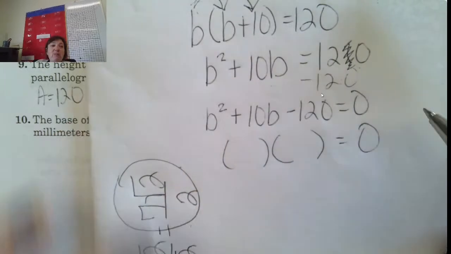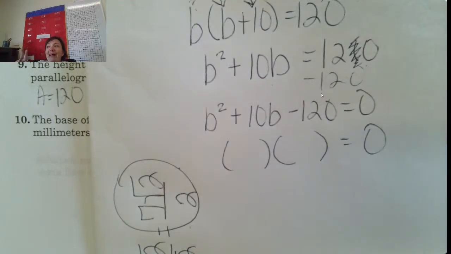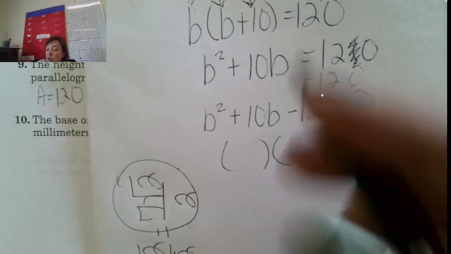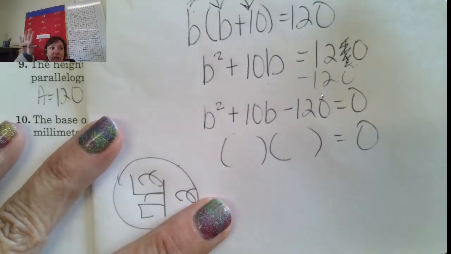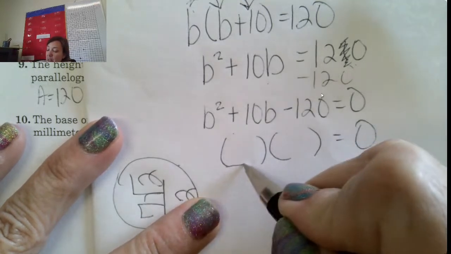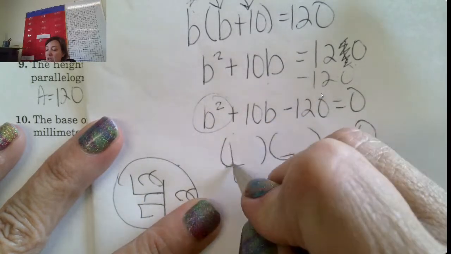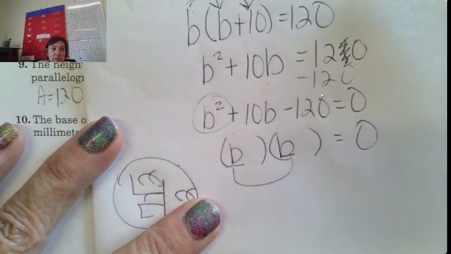Now, factoring means we find what two binomials multiply to get that polynomial. So, do y'all remember that whole reverse FOIL method? A little bit, just barely there. Okay, so we multiply this times this, and it gives us b squared. That means I know it's going to be a b here and a b here.